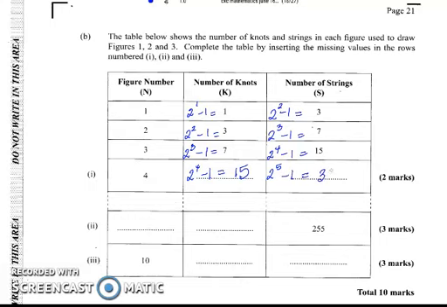That's my observation. Now, for row I don't know the figure number, so I'm going to call it x. To get the number of knots, it's going to be 2 raised to the figure number, which is x, minus 1. And over here, the number of strings would be 2 to the x plus 1, minus 1, since the power is always 1 more than the figure number.